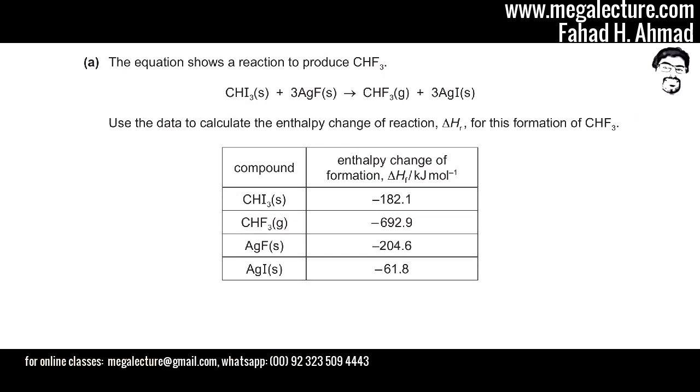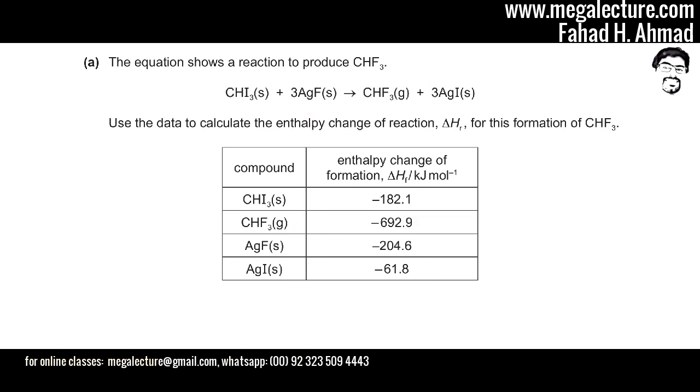What is provided is the enthalpy of formation of all the reactants and all the products. You would notice that there's CHI3, and you're given the CHI3 enthalpy of formation. You're given AgF's enthalpy of formation as well. You're given CHF3's enthalpy of formation as well, and you're also given AgI's enthalpy of formation.